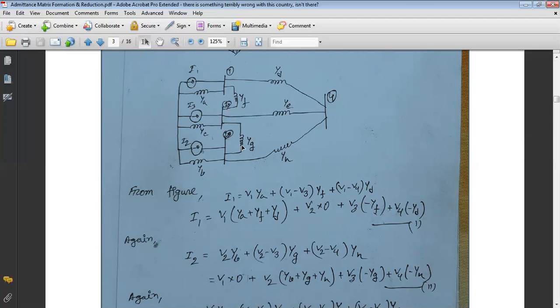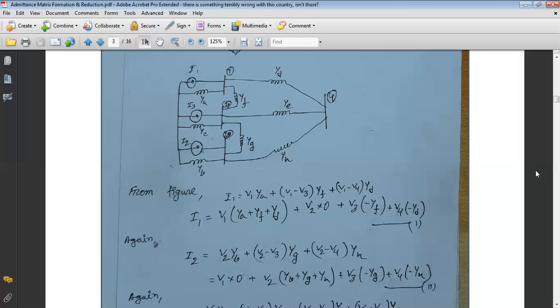Considering first the current that passes through the admittance YA to the reference bus, the current equation of this branch is voltage into admittance. We have to assume the bus voltages, because nothing is mentioned about them in our question.